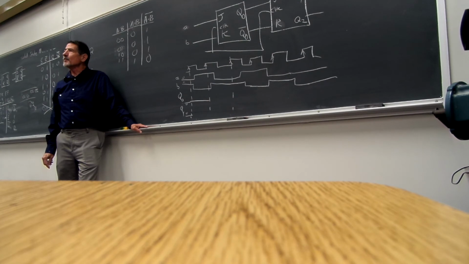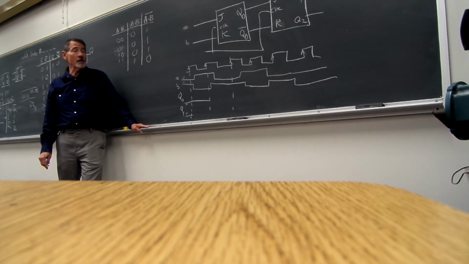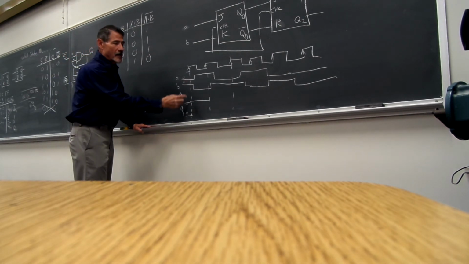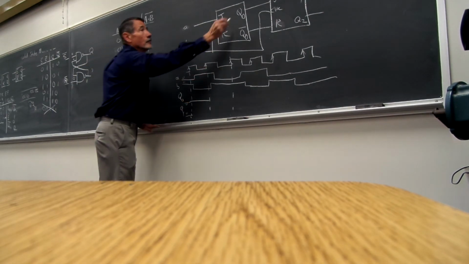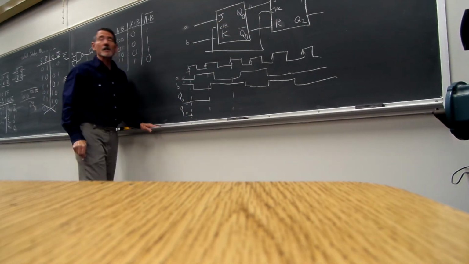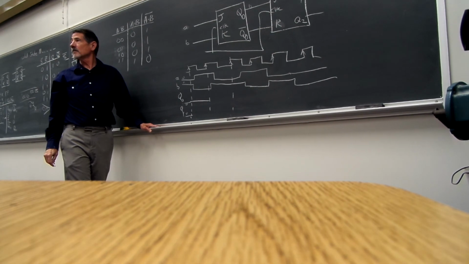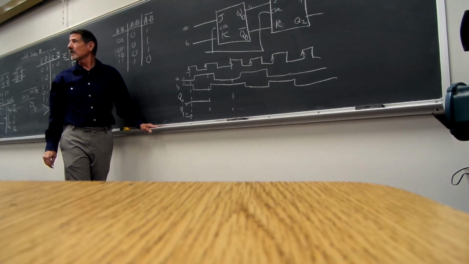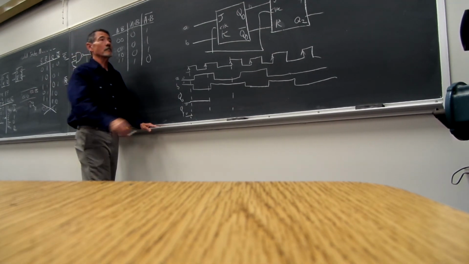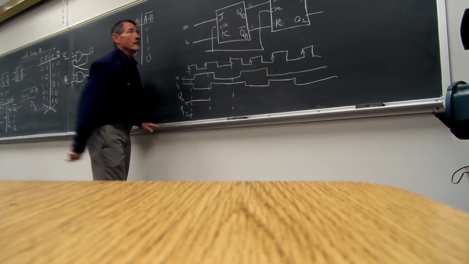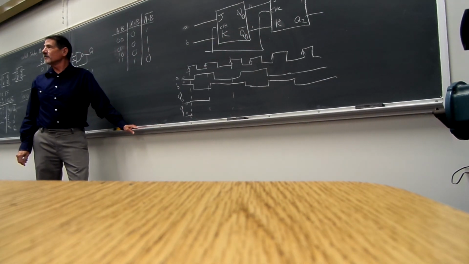What are the inputs for the next one? What's its J? It's 0, right? Remember, its J is 0, and what's its K? 1. So what does a 0, 1 into a JK give you?